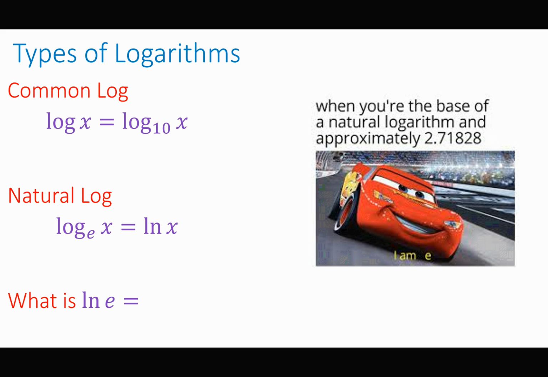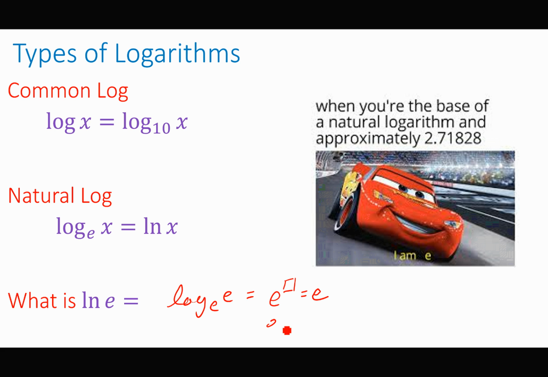What is natural log of E? Okay, so this is saying log base E of E. What's log base E of E? Or how could we write it in exponential form? Log base E of E, it's saying E to what equals E is what that's saying.